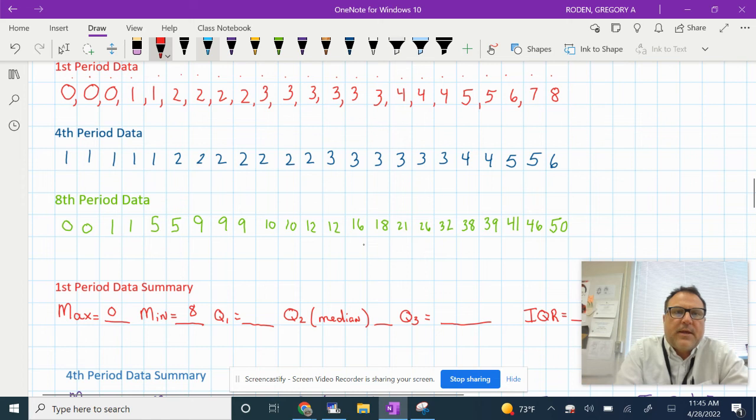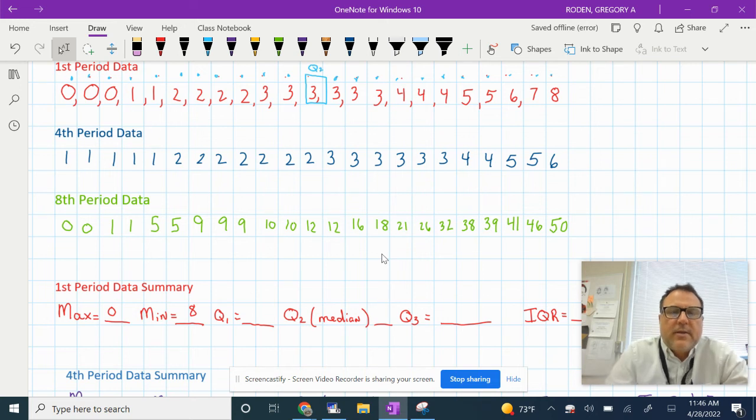If I count in 11 numbers from this side, 1, 2, 3, 4, 5, 6, 7, 8, 9, 10, 11, and then count in 11 from the other side, 1, 2, 3, 4, 5, 6, 7, 8, 9, 10, 11, then this 3 right here is going to be my Q2.